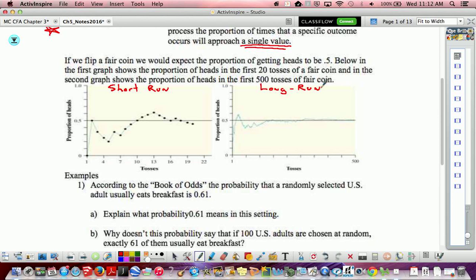Okay? So if you look at how this graph is read, these are the number of times you've tossed the coin and the proportion of heads. So on the first coin toss, your proportion was actually 0, which basically meant you got a tails, because 0 out of 1 were heads.